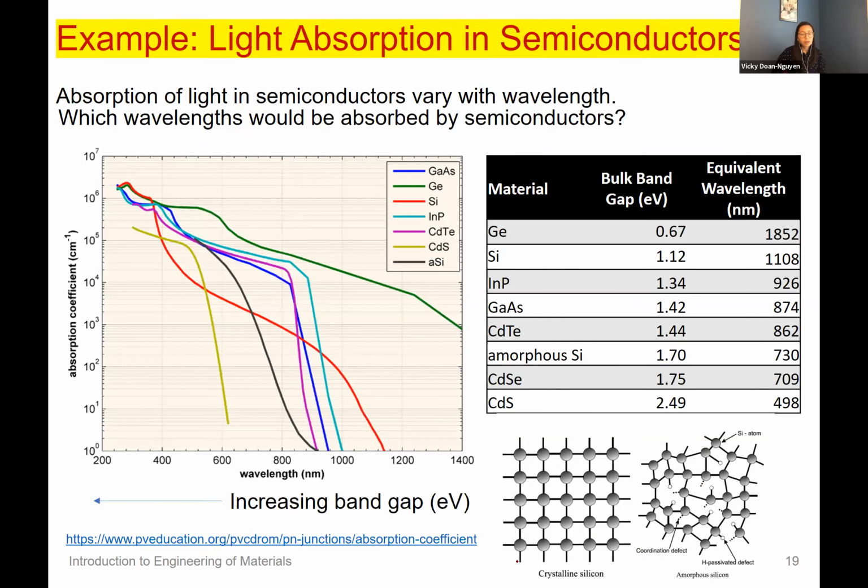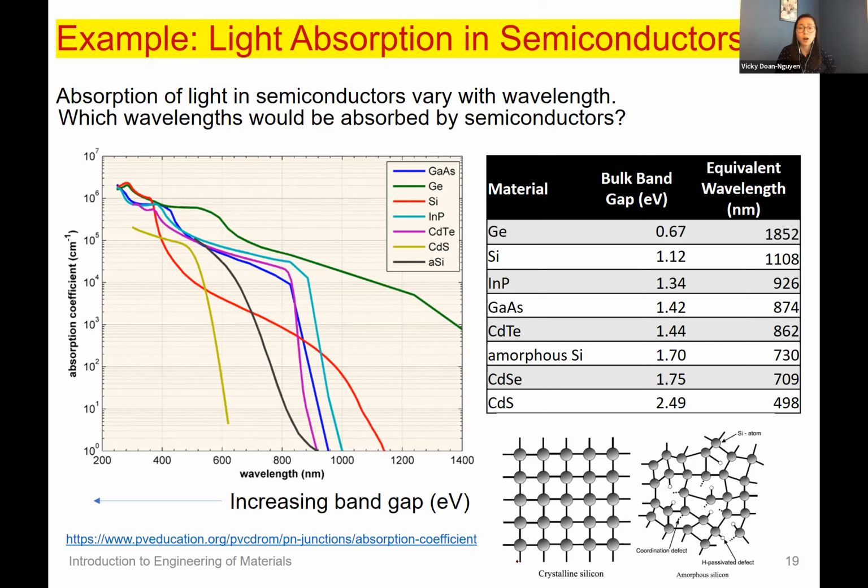Okay, so here's an example of light absorption in semiconductors. As I mentioned, the absorption of light in semiconductors will vary with wavelength. So here is a list of semiconductors: germanium, silicon, indium phosphide, gallium arsenide, cadmium telluride, cadmium selenide, amorphous silicon, cadmium sulfide. These are industrially relevant semiconductors.